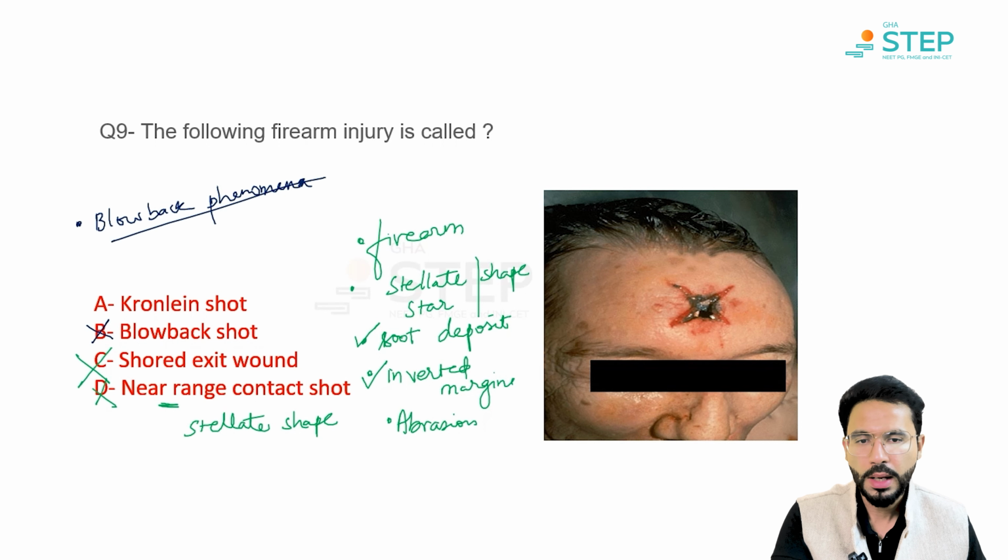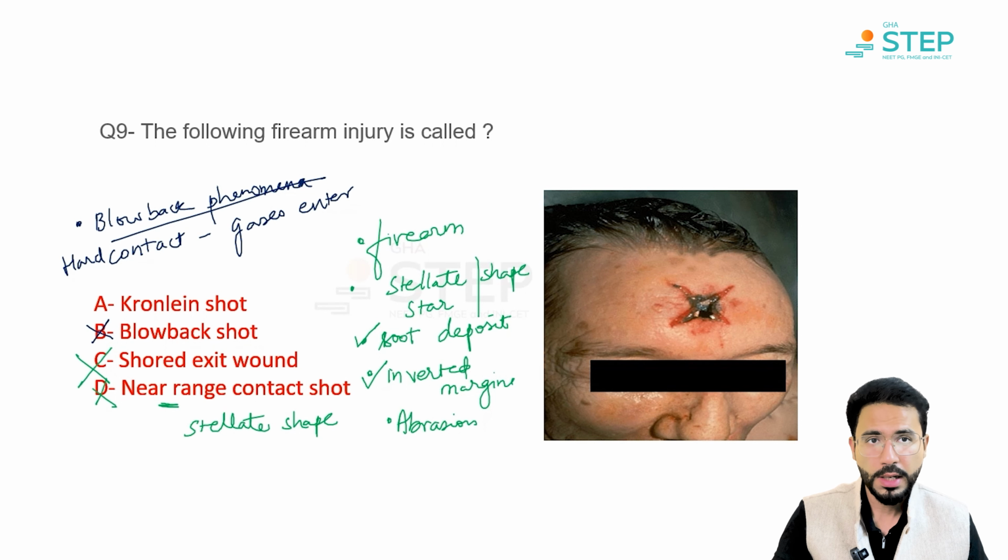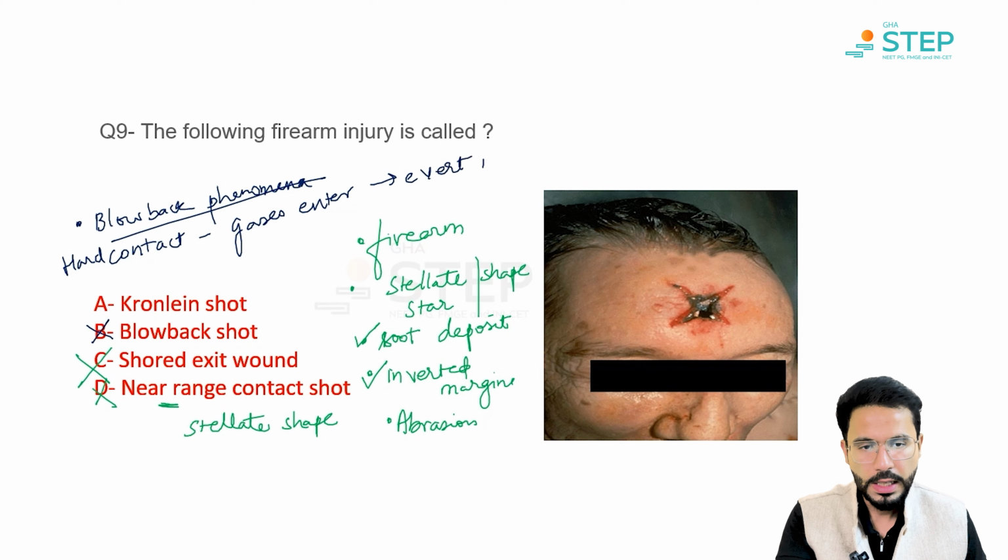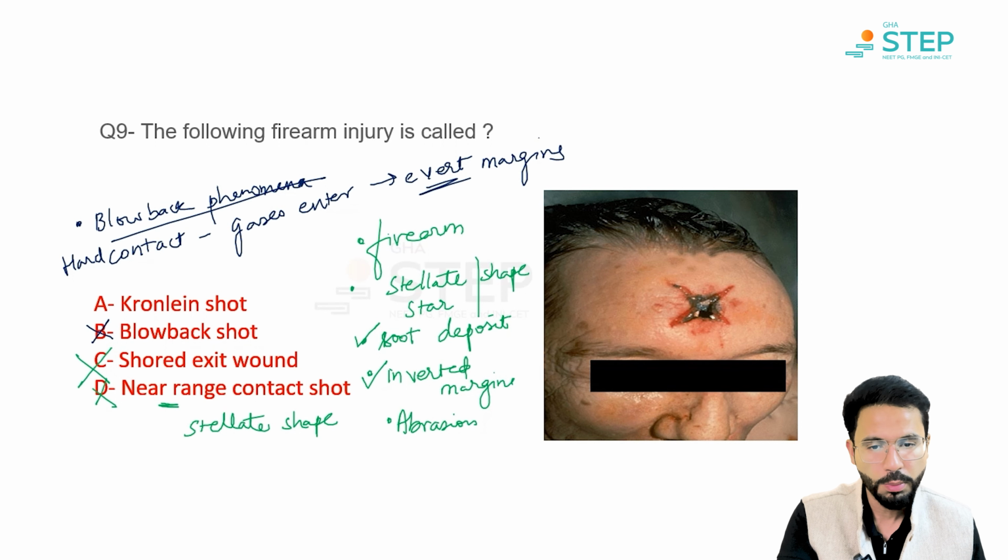So blowback phenomenon is a phenomenon seen in hard contact shots, and what happens here is the gases enter the wound because of the contact of the weapon, and because these gases want to come out eventually, they will evert the margins. So here we see inverted margins. So obviously this is not a blowback shot or a blowback phenomenon. So the correct option here is a Kronlein shot, but this is not the perfect description.